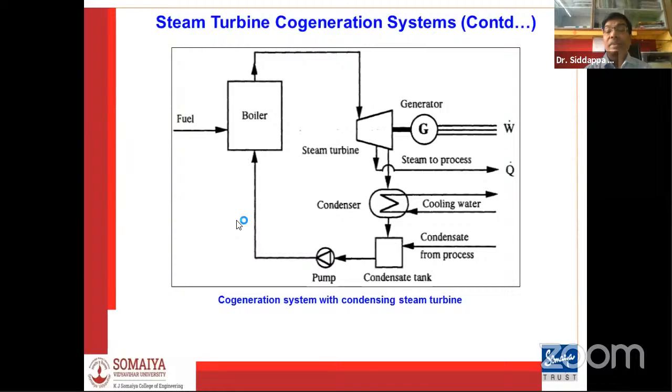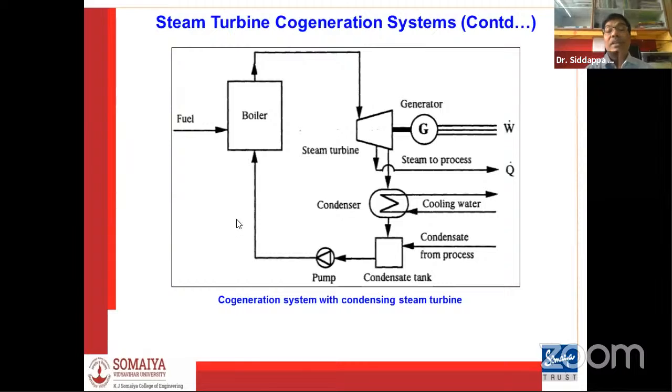This liquid is at approximately the saturation temperature at the condenser pressure. If the condenser pressure is about 0.7 or 0.8 bar, the condensate comes out at around 56 or 60 degrees, which is again a good amount of low temperature potential heat energy, and then this condensate is pumped back to the boiler.